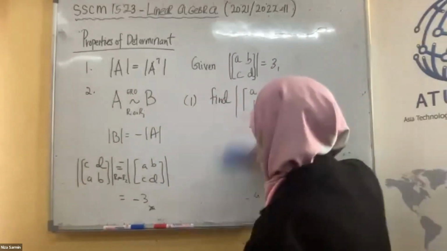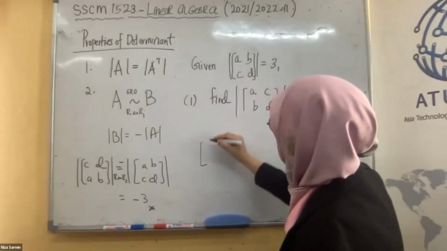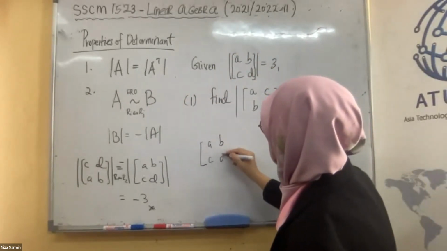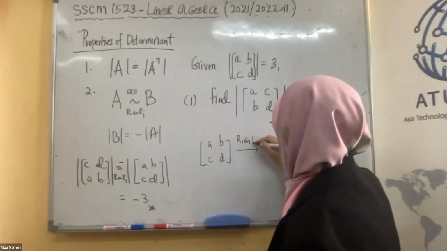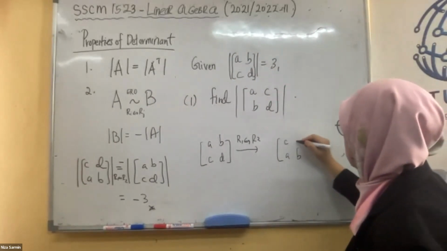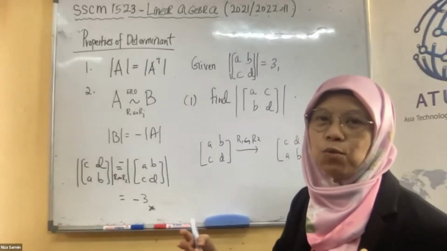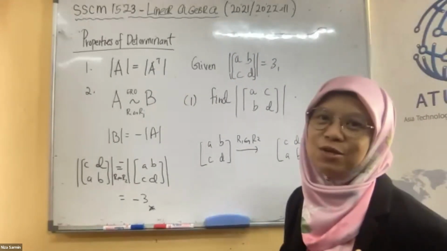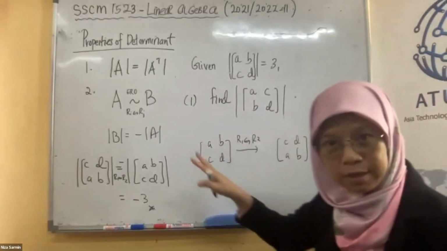The other way to show is from the beginning. a b, c d. You do R1, R2. Then you get c d, a b. Many students like this way because they can easily see what you do with the original to get the new one. Okay. You see this, right? This is the matrix part.